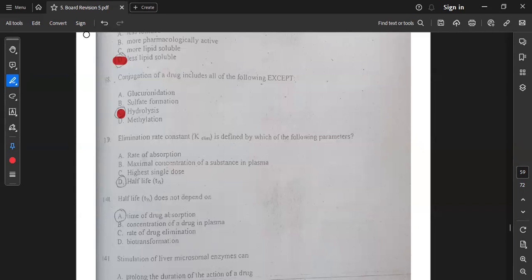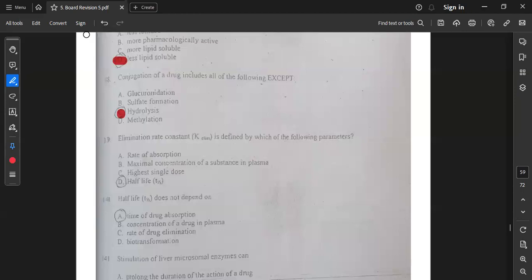For sulfate formation, I remember the PAPS, but I don't know the full name. Someone please remind us of the donor and the enzyme. And also methylation.